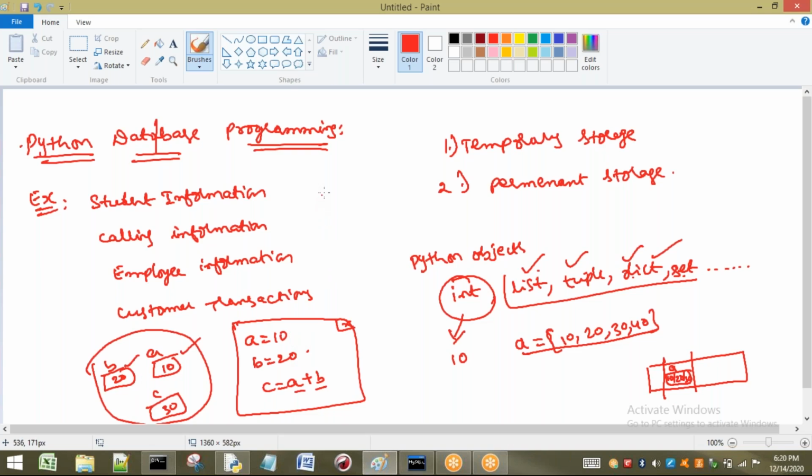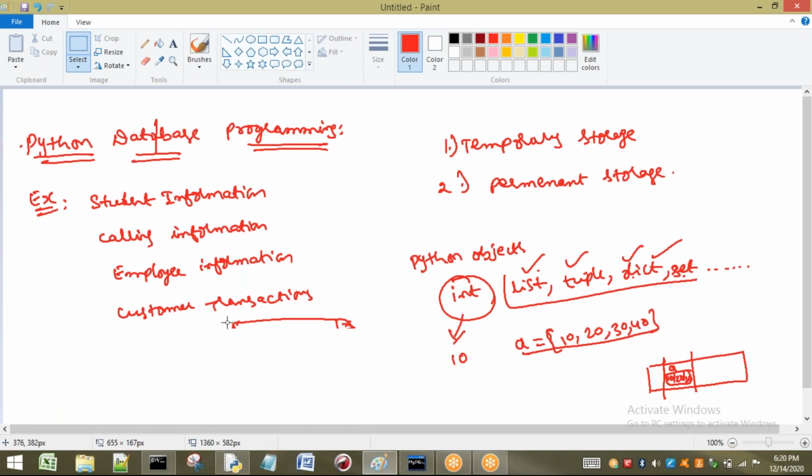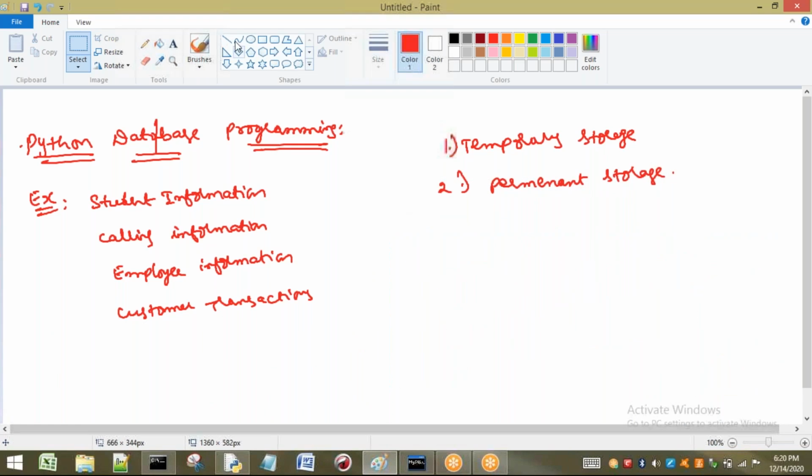But what is meant by permanent storage? Now this is about temporary, I'm going to remove it. Now I want to talk about permanent data.